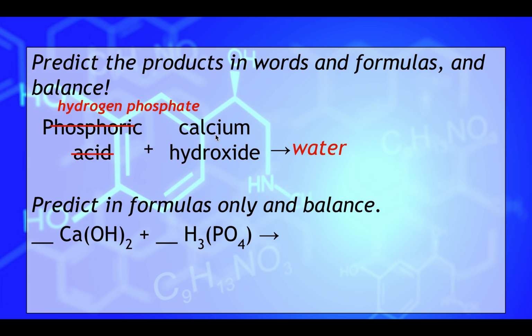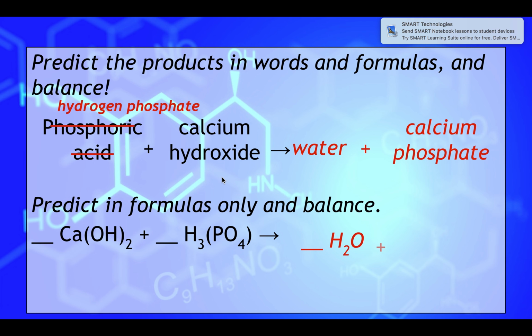Calcium hydroxide is just the way it's written, calcium hydroxide. Well, we know it's always going to produce water plus calcium phosphate. Remember, it's a double replacement reaction, so the phosphate's going to bind to the calcium. The hydrogen is binding to the hydroxide to produce our water.